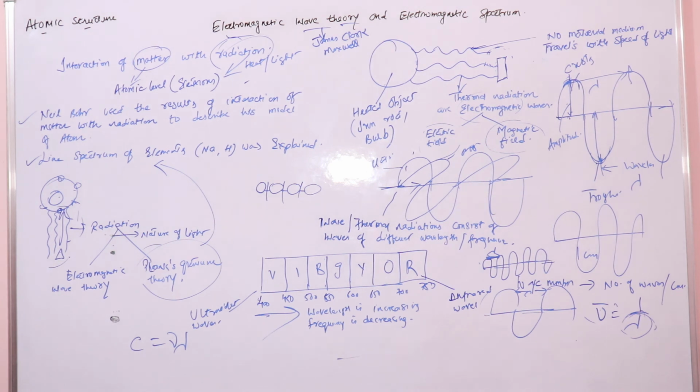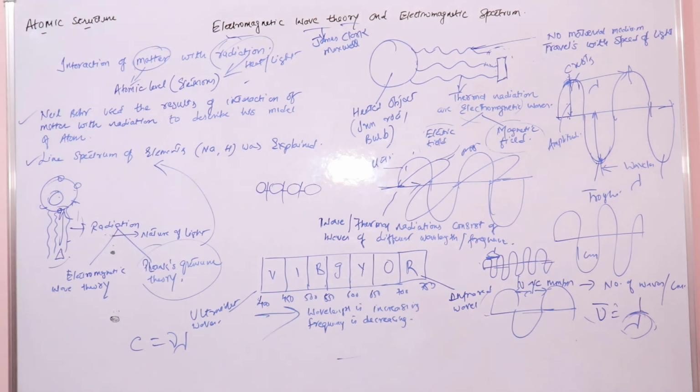What is frequency? Frequency is the number of waves passing through one point per second. In 1 second, the number of waves passing through a point is your frequency. So the more waves passing, the more the frequency, right? And lambda is the length of each wave, right? Hence their product will give you the velocity.